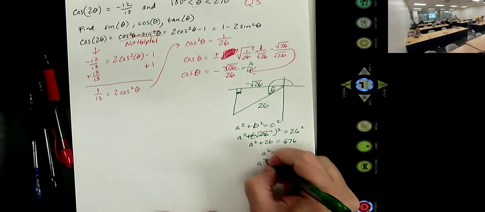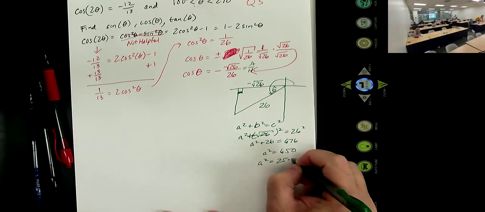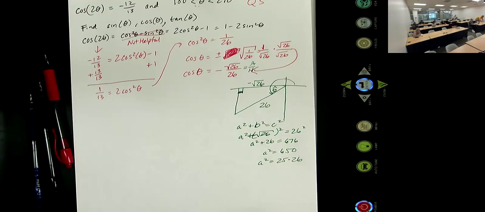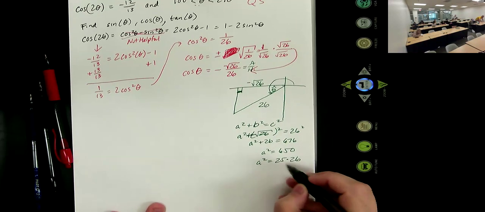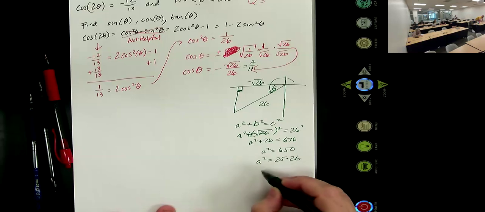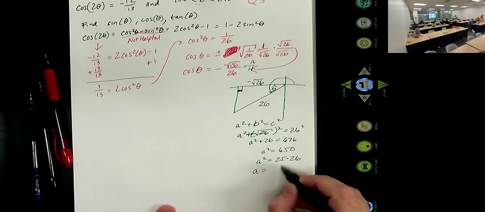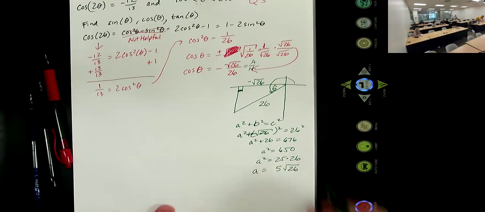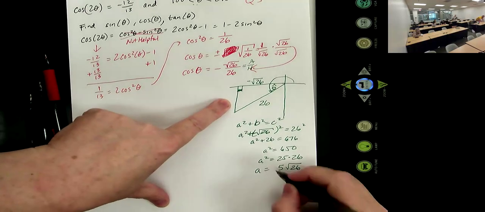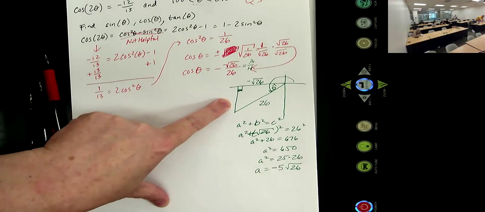And I'm gonna write that as 25 times 26, because I know that's gonna simplify some. When I take the square root, 25 is 5, and then we got root 26. And we are in quadrant 3, which makes a negative.